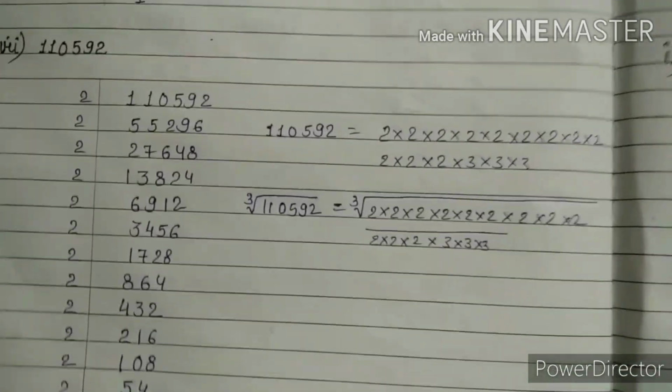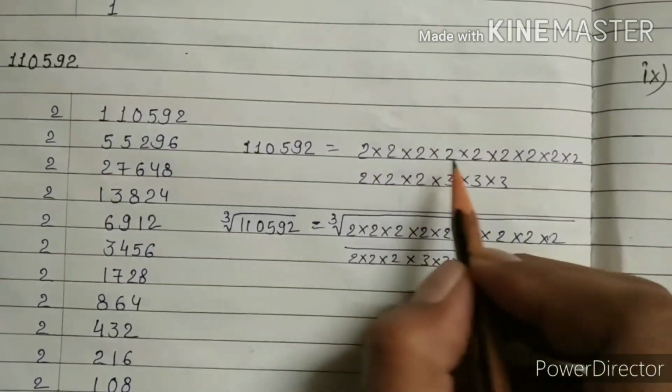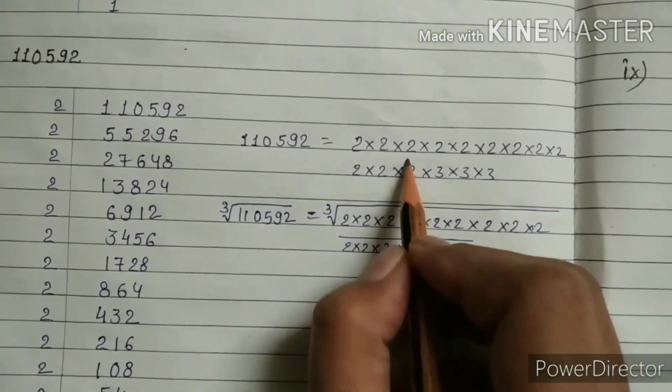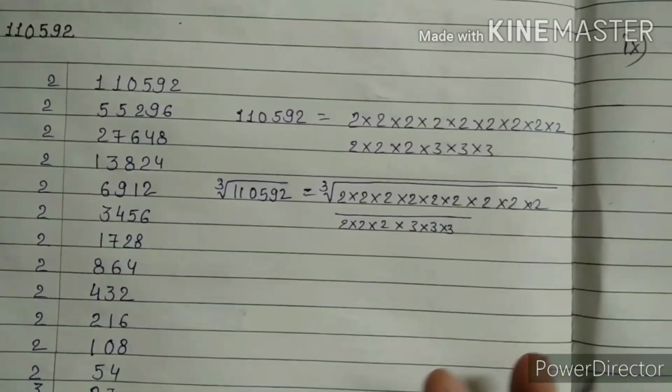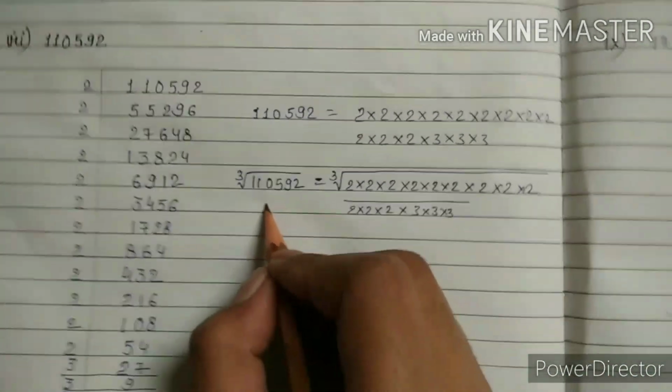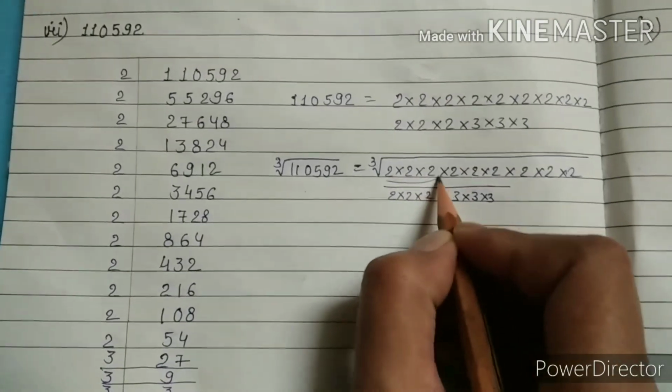Same as 7th. The 7th number's prime factors are 2 twelve times and 3 three times. So we have to take their cube root. That's why we have to do the grouping of 3.